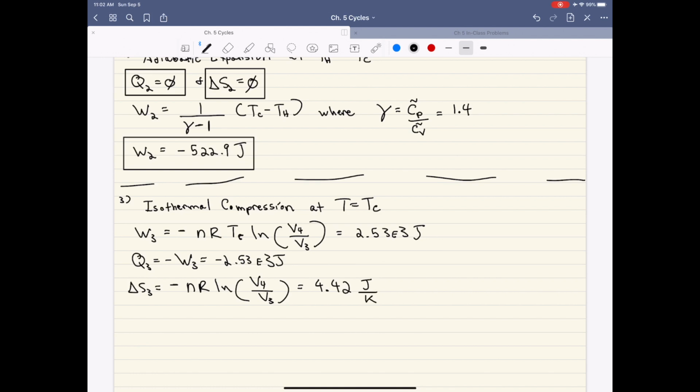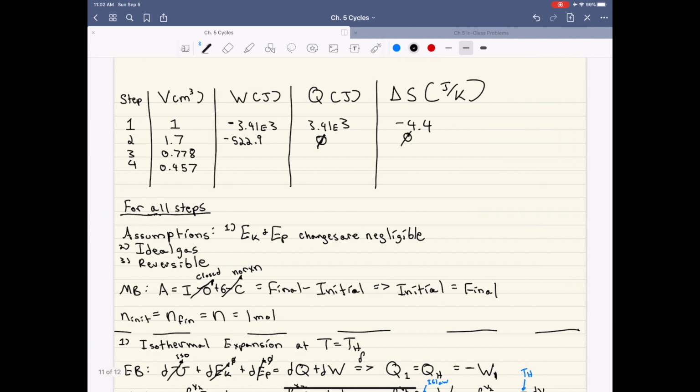So we have all our values. We'll deposit them in the table, 4.4 here. And so our entropies, we have everything listed in the table.